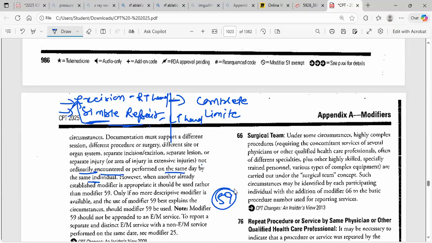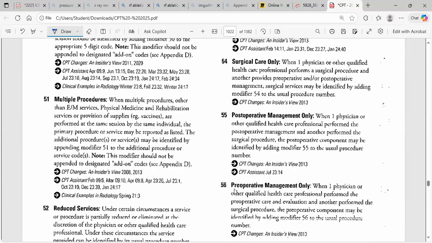So let me explain 51 and 59 one more time. Modifier 51 will just represent that multiple procedures by the same individual in the same session on different sites have been performed. It's not component based, because these are different sites, not the same site.